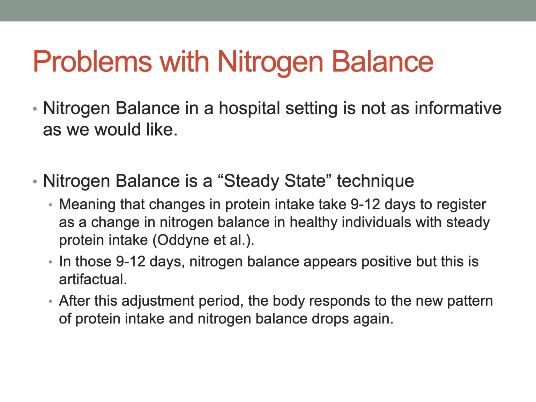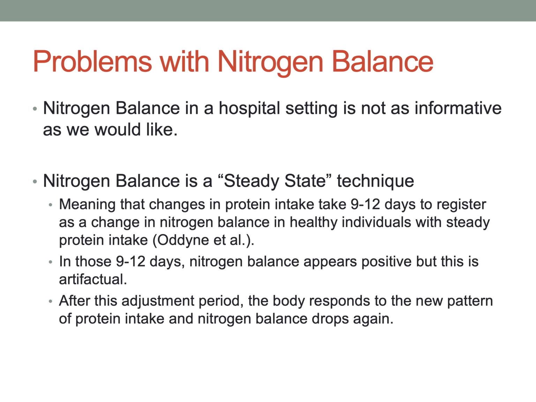What this means is that changes in protein intake, like if I go from eating a lower amount of protein to a higher amount of protein, are not going to affect my nitrogen balance for about 9 to 12 days. It takes 9 to 12 days to register as a change in nitrogen balance, and that's in healthy individuals with a steady intake of protein.